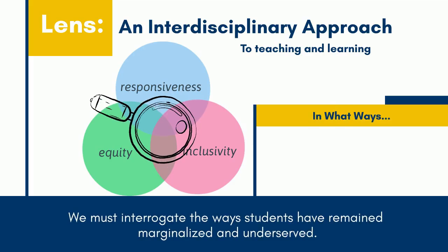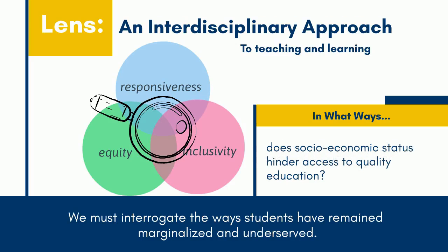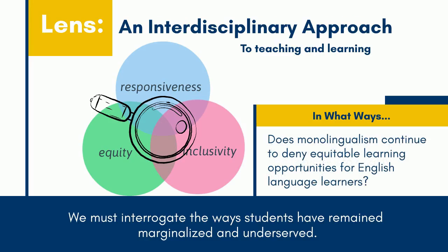In what ways do our 21st century learners still grapple with racial and ethnic segregation into inferior education systems? How does socioeconomic status, which is often tied to race, hinder access to quality education? Do monolingualism, basically English-only, movements continue to deny equitable learning opportunities for English language learners?